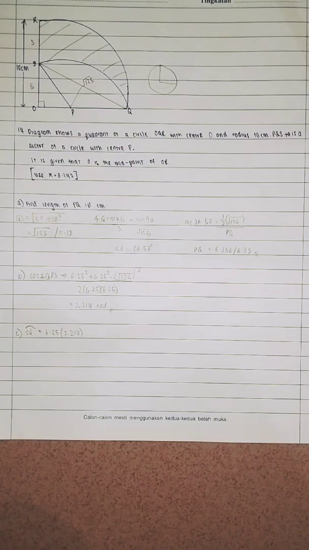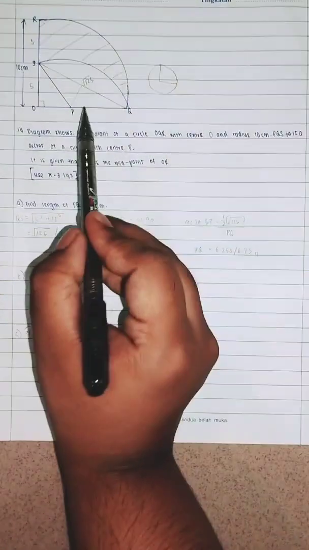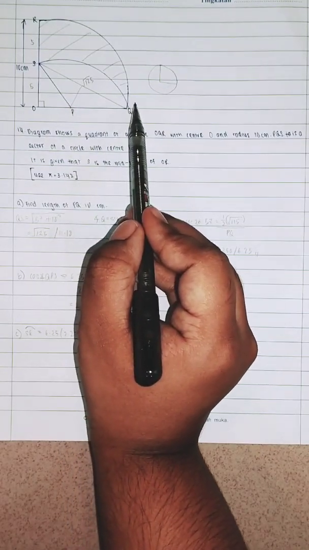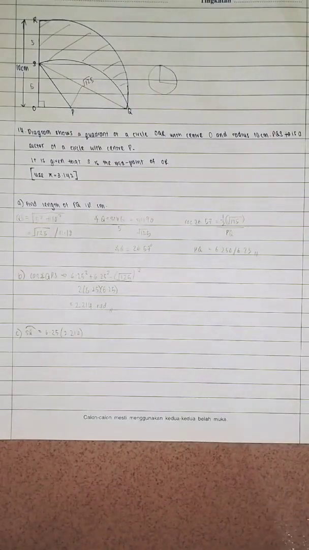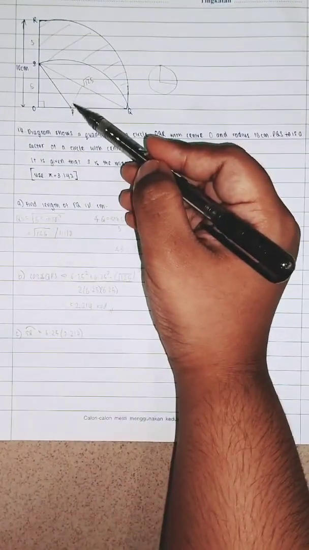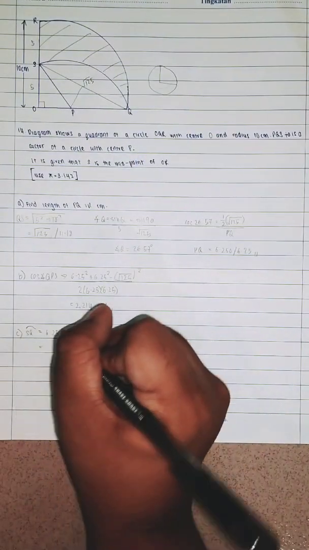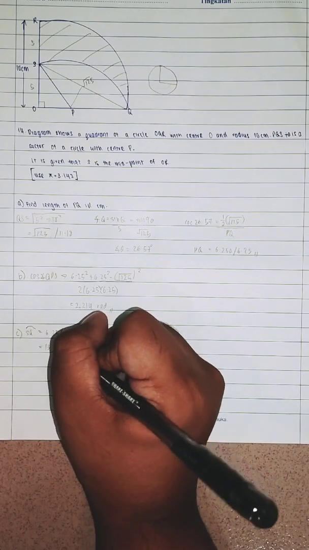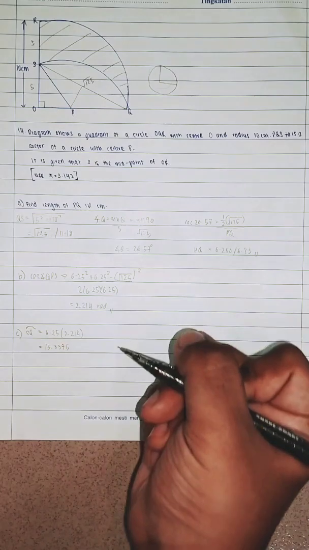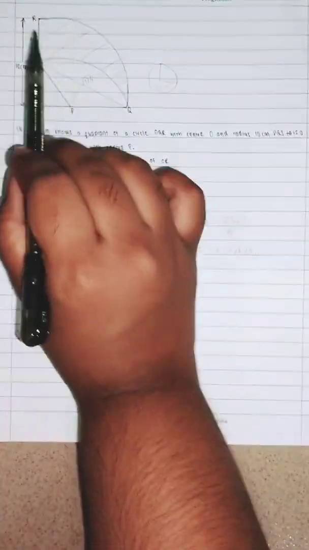The formula is s equals r theta, radius and theta. This is the radius, I'm sorry, it's not the length, and the angle at point P is 2.214. So I would get 13.8375.